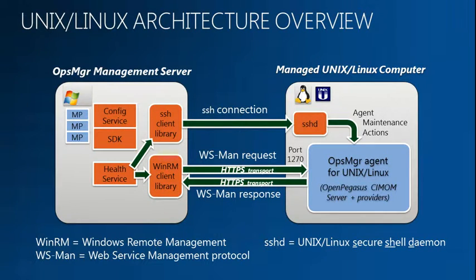They interrogate status with ioctls. They collect the information from the kernel and expose that back. So OpenPegasus handles the incoming requests, does authentication and authorization, dispatches the request to the providers, which return data. Raw data is returned back to the management server. The management server determines what to do with that, whether to generate an alert or write it to the database.